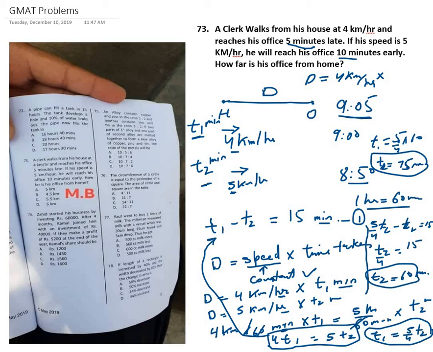So T1 is 75 minutes, and if we change this into hours, 75 over 60, the minutes get cancelled out. 15 4, 15 5, 4 gets cancelled. So basically 5 kilometer. The answer is 5 kilometer.